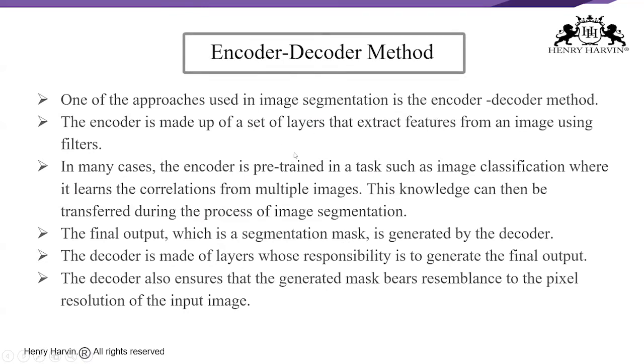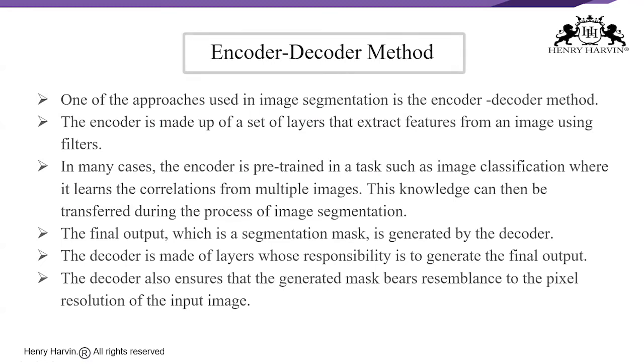The encoder has a set of layers that extract features from an image using filters. The encoder is pre-trained on a task such as image classification, where it will find out the correlations from multiple images. This knowledge can then be transferred during the process of image segmentation.